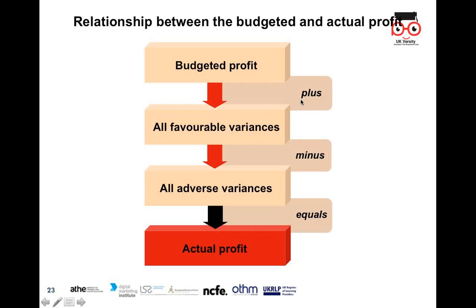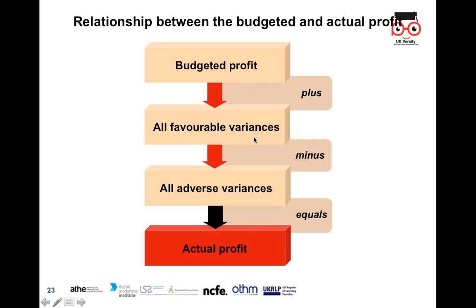So when we add favorable variance to the budgeted profit, and then we minus all adverse variances from the budgeted profit, that equals actual profit. So we need to calculate all favorable variance, add it to the profit, and then we minus all types of adverse variances. That will give us actual profit.